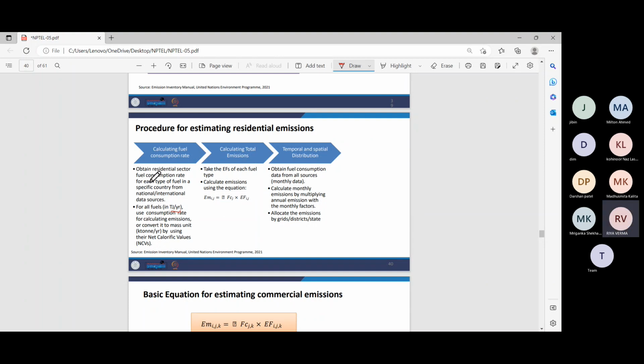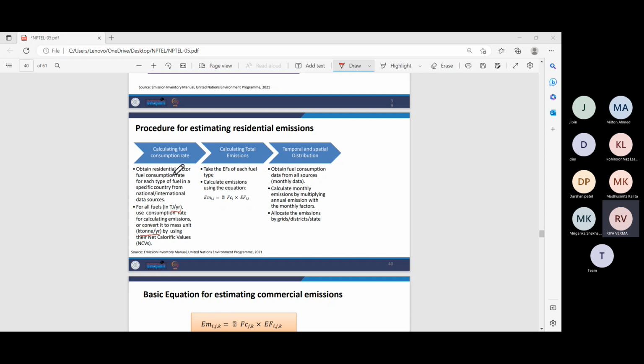So we need to convert this into the mass unit, that is kilotons per year, by using the net calorific values. Then we have the emission factor for each type of fuel.